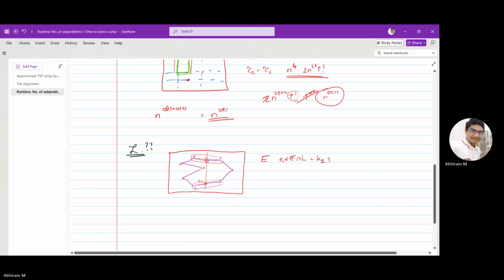And small e2, let us say this edge is E2, wherever that intersects L is going to be my K1. So you see an equivalence between these two subproblems that I generated.